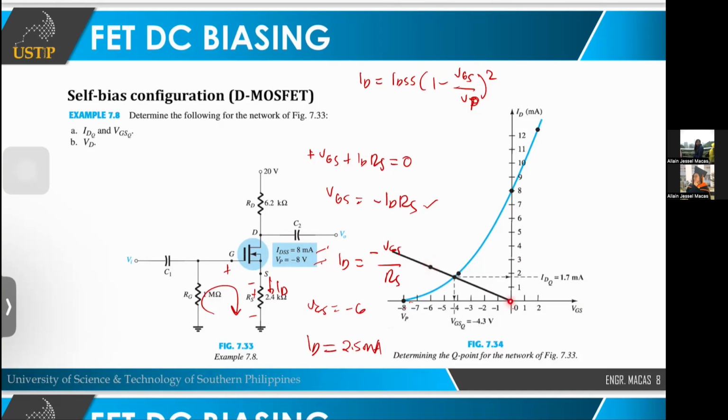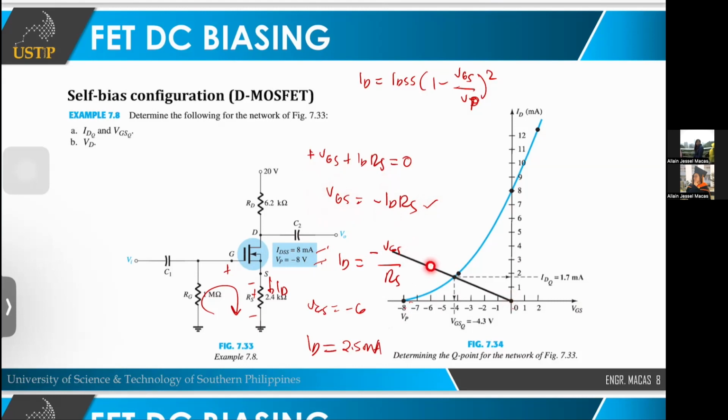Then, from this equation, when your VGS is 0, your ID is 0, that would become 0 over RS. So that's this point. For a load line, you just need 2 points.